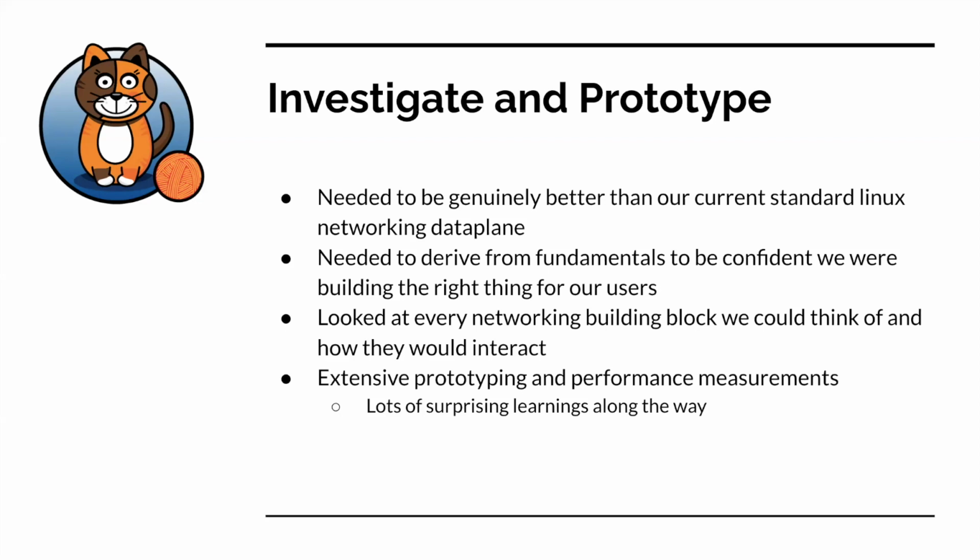We looked at NF tables, which is touted as the next generation of IP tables in the standard Linux way to perform packet filtering and policy. Unfortunately, we found that NF tables was generally slower than IP tables. Although NF tables does have a cleaner API, it has worse performance, at least for our users. We also looked at various socket-based approaches. We looked at XDP.